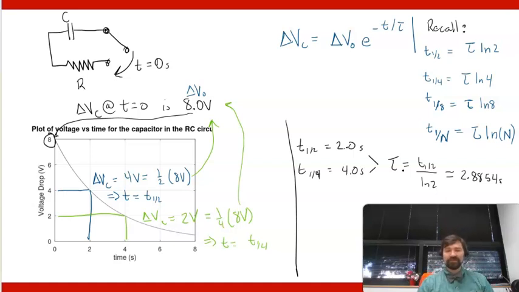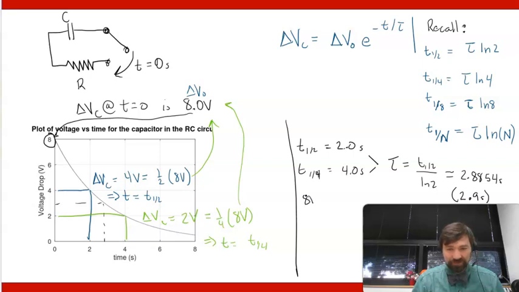And so with the precision that this graph is allowing, I would expect to round that to about 2.9 seconds roughly. And so that's somewhere in this vicinity right here. If I pull up from here and pull over from here on the graph, I ask, is this value 1/e times 8? 8 divided by e is about 2.94.